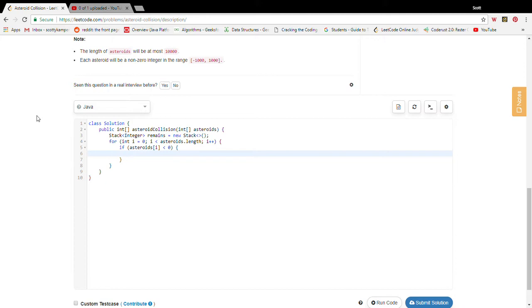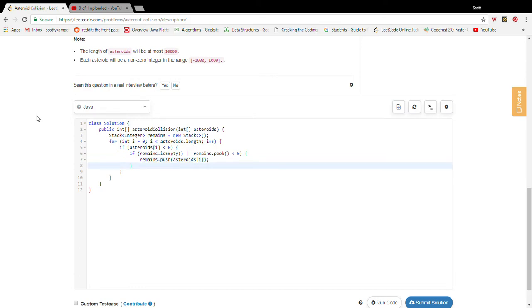What we're going to do when it's moving to the left is consider what it could collide with. So if the remains is empty, so we have no asteroids currently, or the element at the top of the remains stack is less than 0, then we are going to push onto the remains asteroids of i.